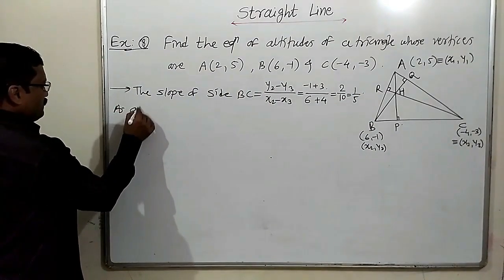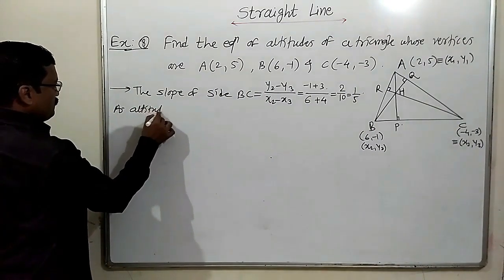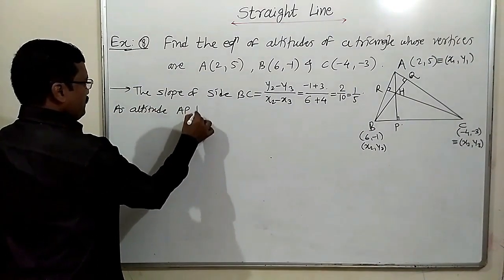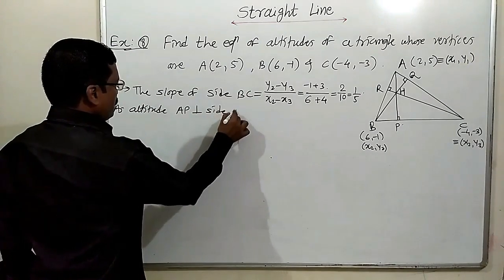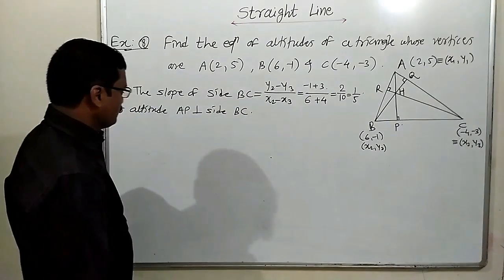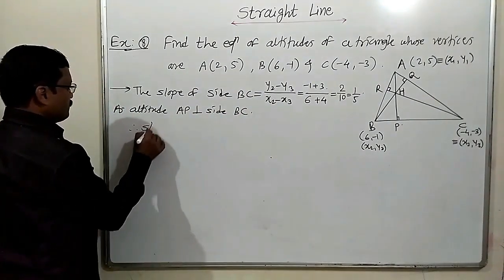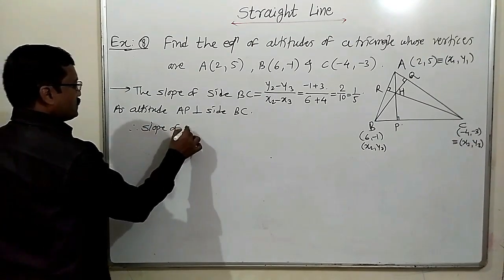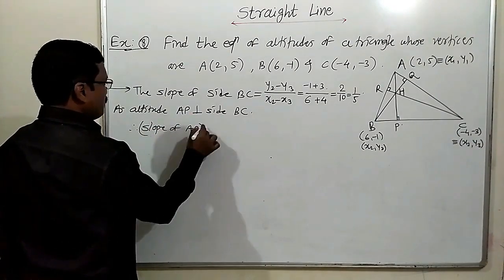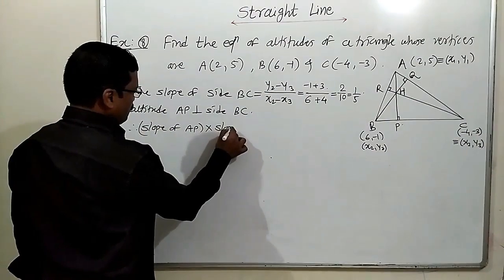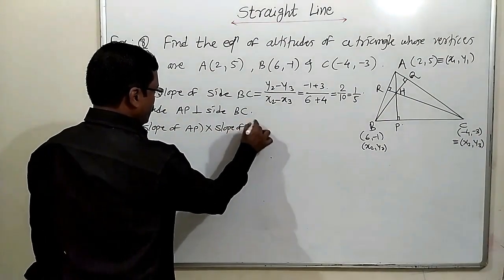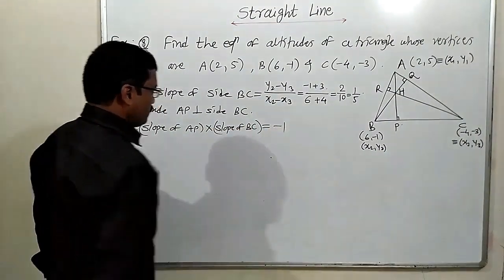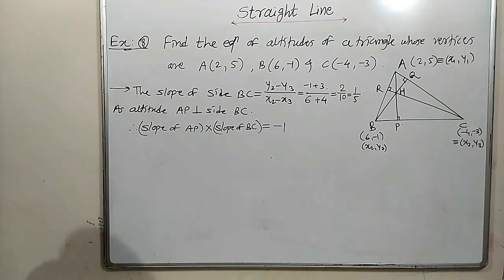As altitude AP is perpendicular to side BC, therefore slope of AP into slope of BC is equal to minus 1. Is it okay?